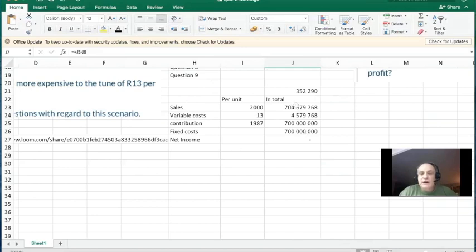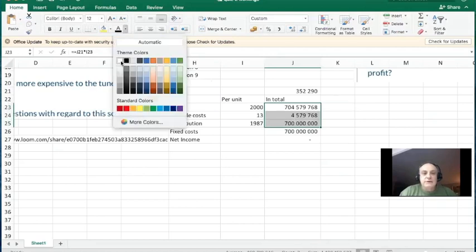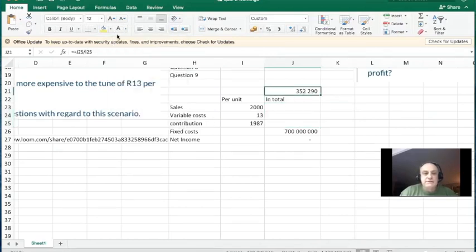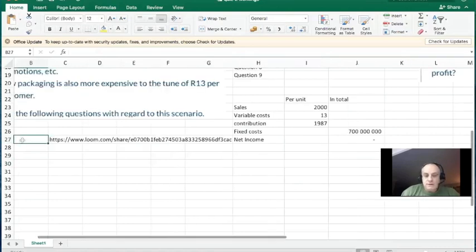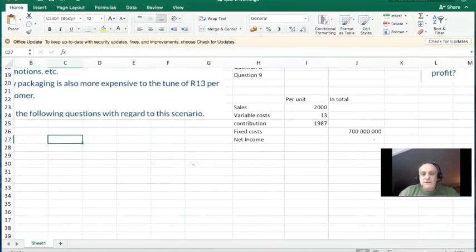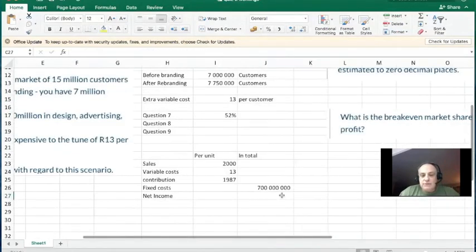I use the exact same exercise that I've done, and I put in what I already know. And I don't know these figures over here yet. So I've got that grid, exactly what we had before for question 9. Sales less variable cost gives me contribution. But in this particular case, I'm saying that our income should be 0.